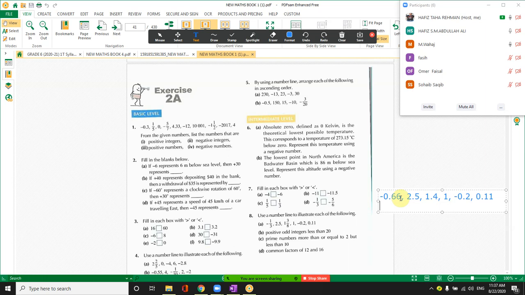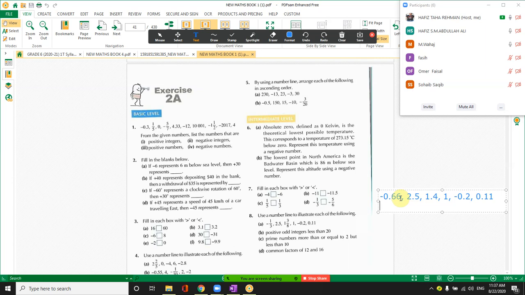The negative values are the smallest. 1 is not the smallest value. The negative values are the smallest among all. So which values are negative? -0.2. Is -0.2 greater than -0.66? -0.66 is the smallest value because the farther you move to the left side of 0, the smaller the value would be.